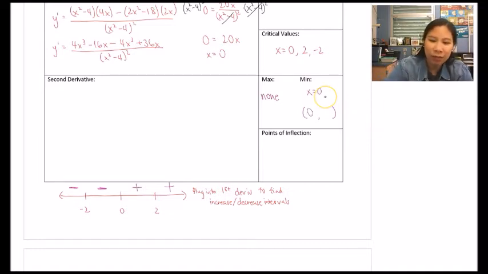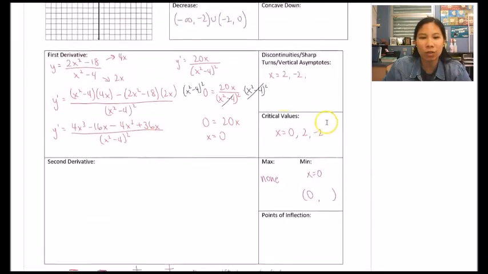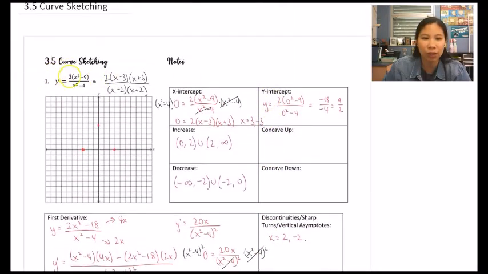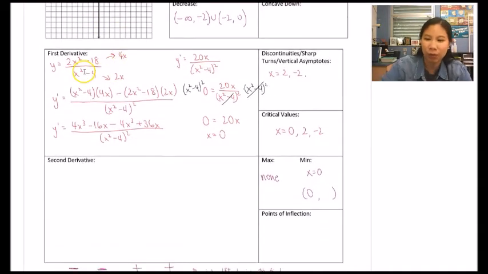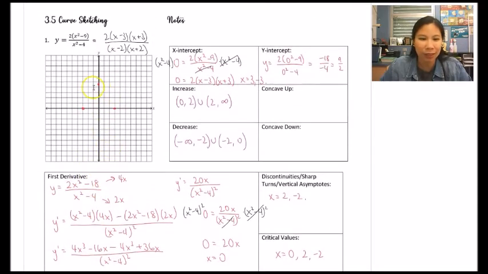So we know the x value is 0. To find the y coordinate, we just need to plug this back in to the original function because that'll tell us the y coordinate. And plugging in 0 for x, I end up with 9/2. We actually did that already when we found the y-intercept. Okay, so now I know my minimum is going to occur here at (0, 9/2).